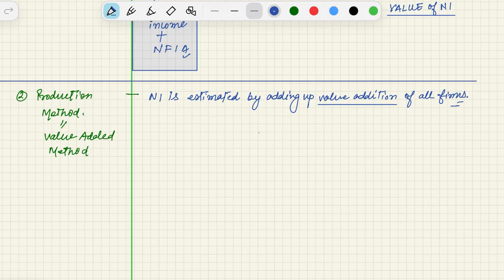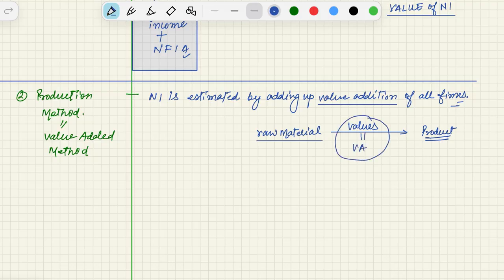Generally there is raw material, and on raw material we add certain values, and then the product is ready. You need to remember here that value means value addition. For example, you are manufacturing a shoe.